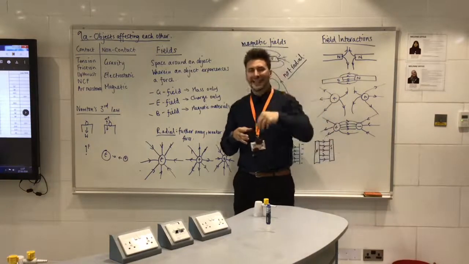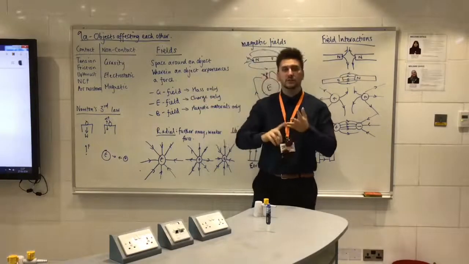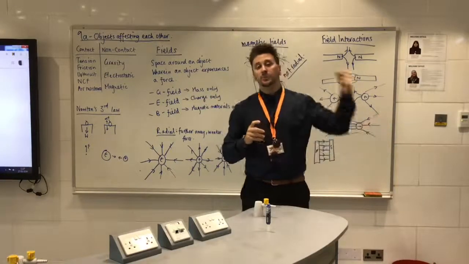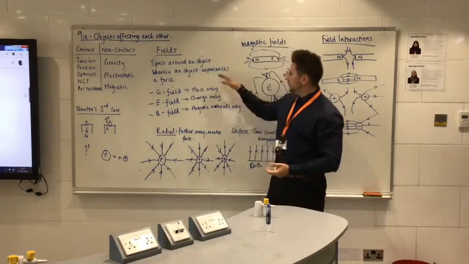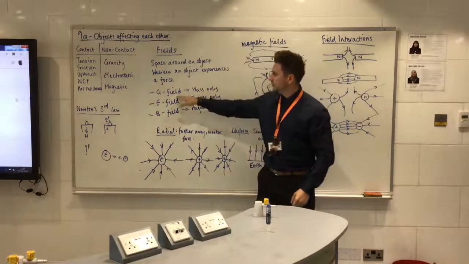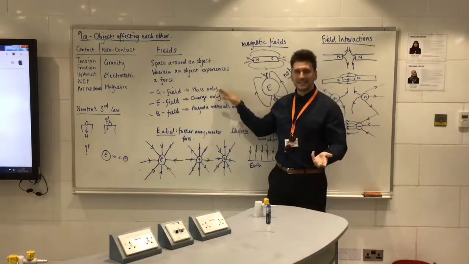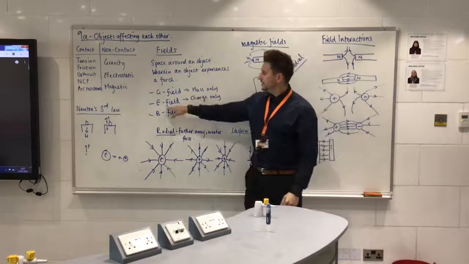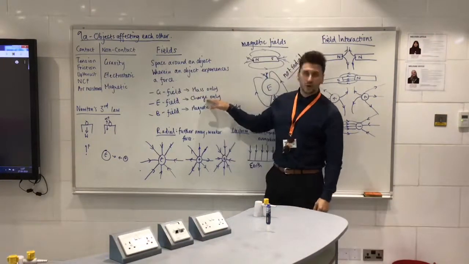So if another object enters the field of something that has its own field, gravitational, electric or magnetic, then it will experience a force. Alright? The three types of field we have are the G field, the gravitational field, which affects any object with mass, and only mass. The E field, which is the electrostatic field, which affects any object with charge.